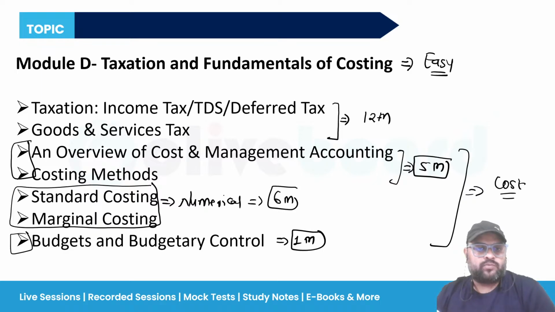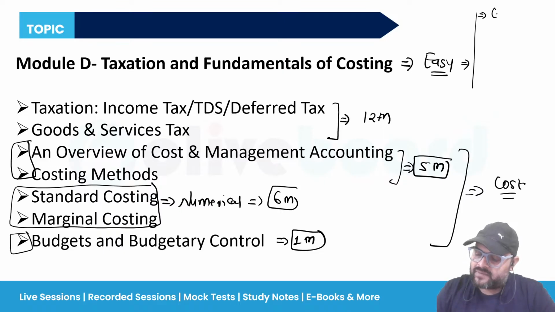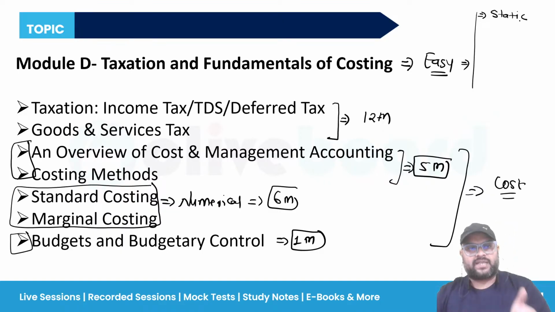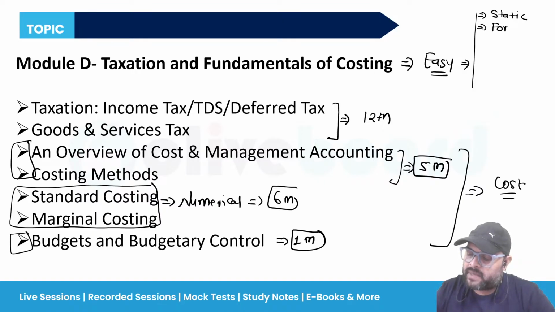Module A to module D, nature we have discussed. Again, what type of questions will be there from module D? You will have static questions like what section of the Income Tax Act gives you the deduction. There will be format based questions.